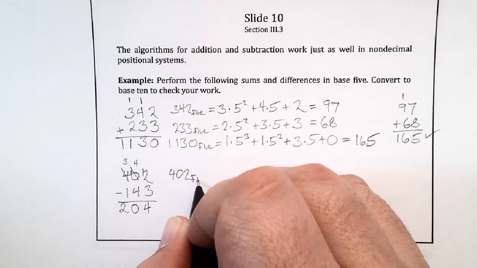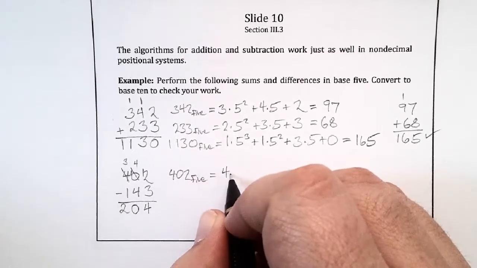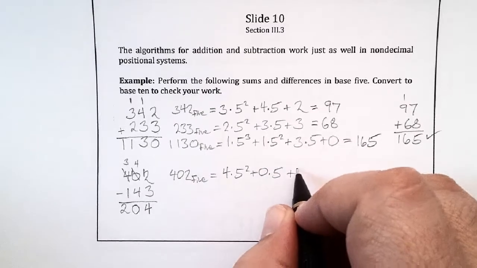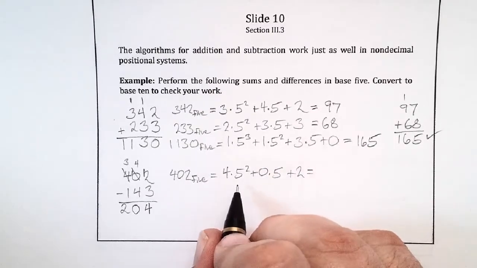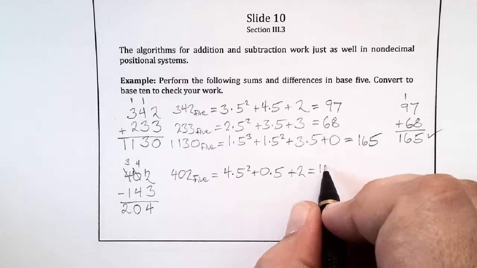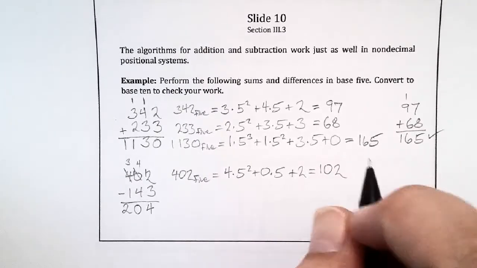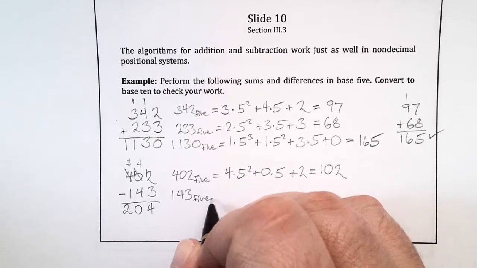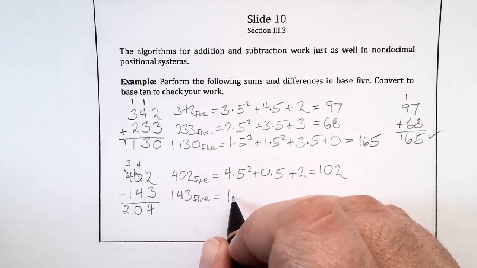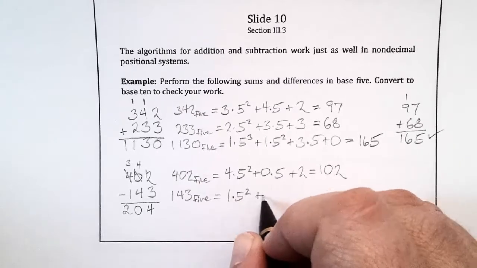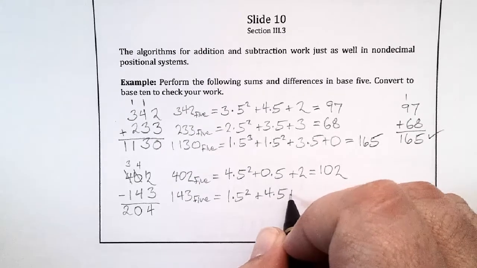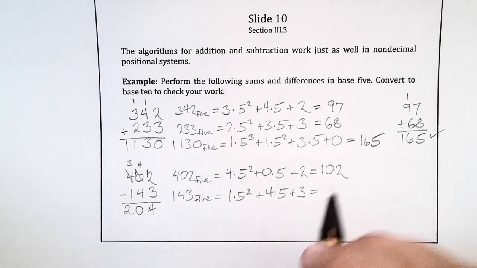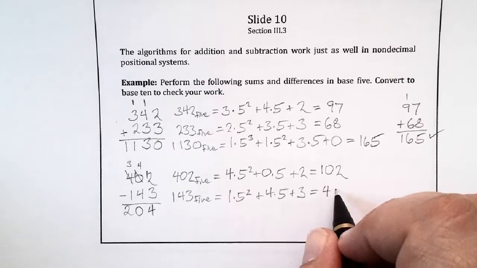402 base 5 is 4 times 5 squared plus 0 times 5 plus 2. So we have 100 plus 2 is 102. 143 base 5 is 1 times 5 squared plus 4 times 5 plus 3. 25 plus 20 is 45, plus 3 is 48.